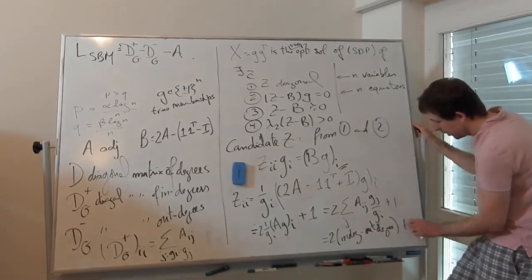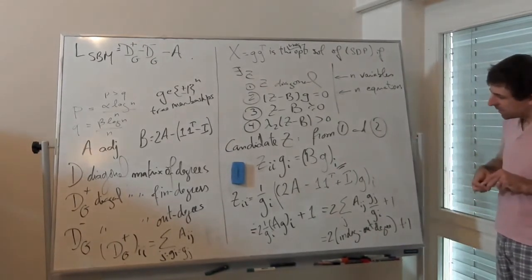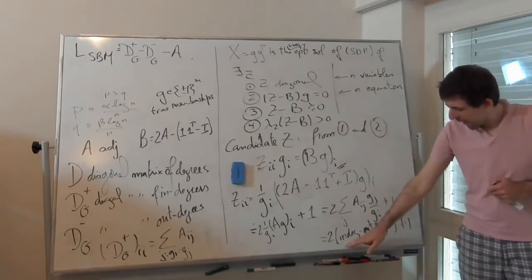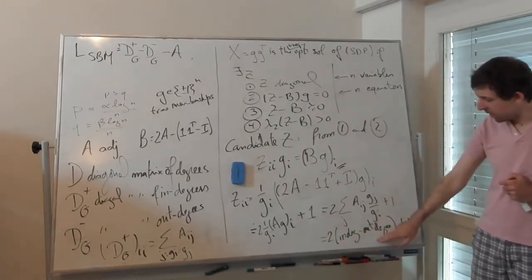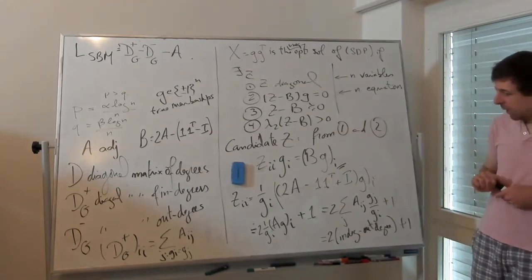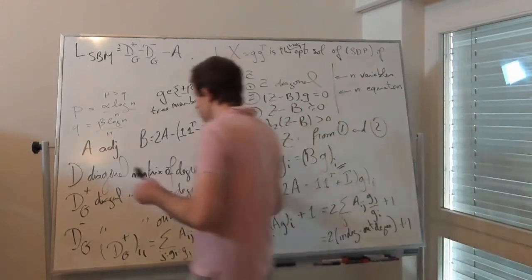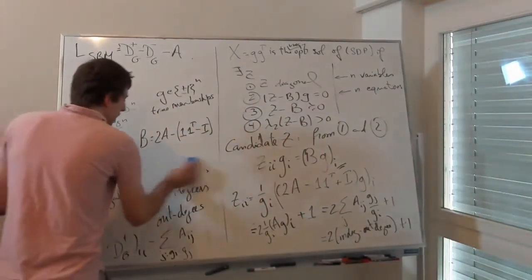times 2, plus 1. So this means that the candidate Z is the matrix whose diagonal is twice in degree minus out degree plus 1. So it's just DG plus minus DG minus plus identity. Right, so now we have the candidate Z. So let's write it here.